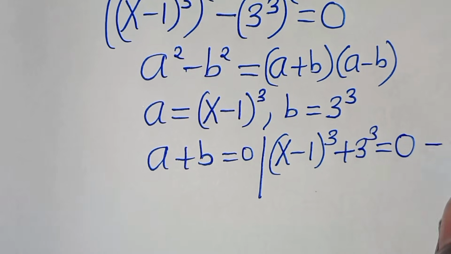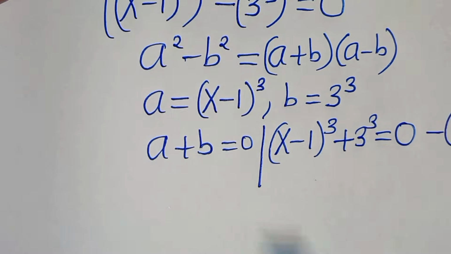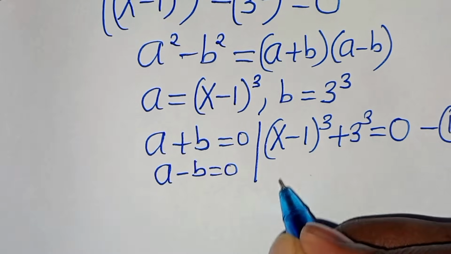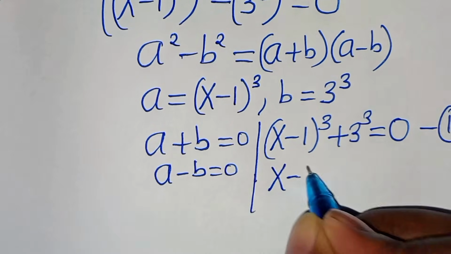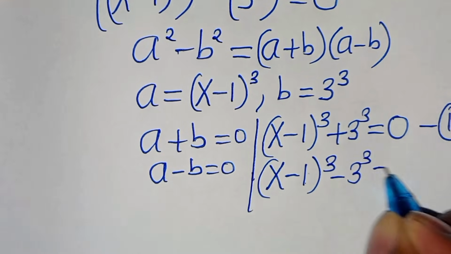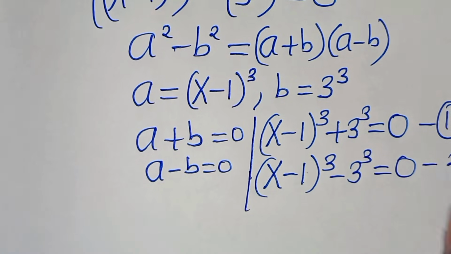Let's call this case 1. Then a - b = 0, which is the same as (x - 1)^3 - 3^3 = 0. Let's call this case 2.